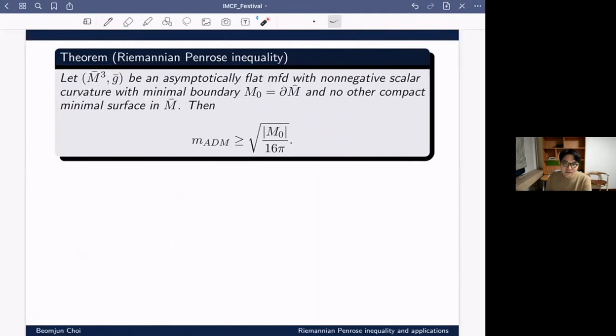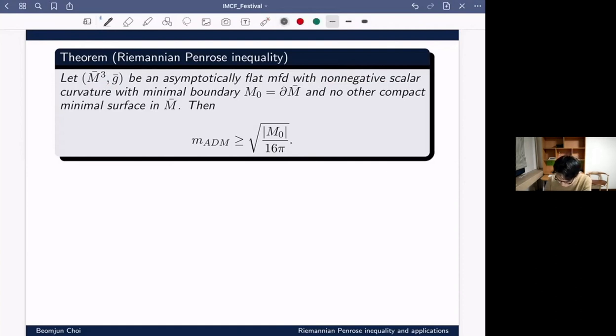So then let me first state the Riemannian Penrose inequality. Actually, there is a more general Penrose inequality, which is still a very open question. This is a special case of that, which can be written only in terms of Riemannian geometry. So suppose (M^3, g bar) is an asymptotically flat 3-manifold with non-negative scalar curvature, and it has a boundary M0.